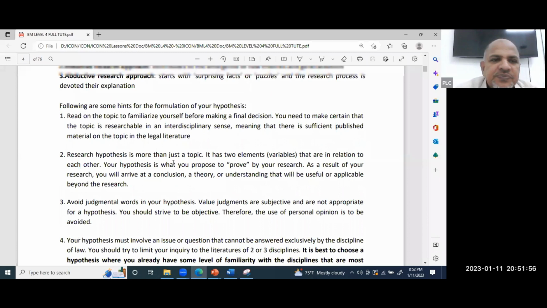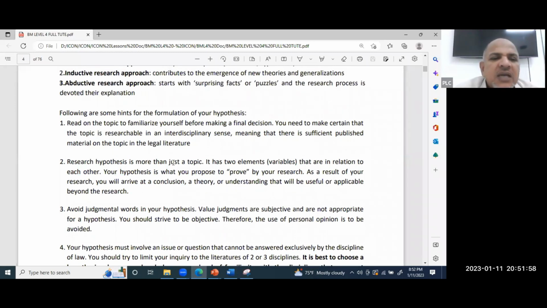Now, the following are some hints on the formulation of hypotheses. When you are bringing the hypothesis, what you have to do? No need to read this one, you have to tell it. Your independent variable positively correlates with the dependent variable.